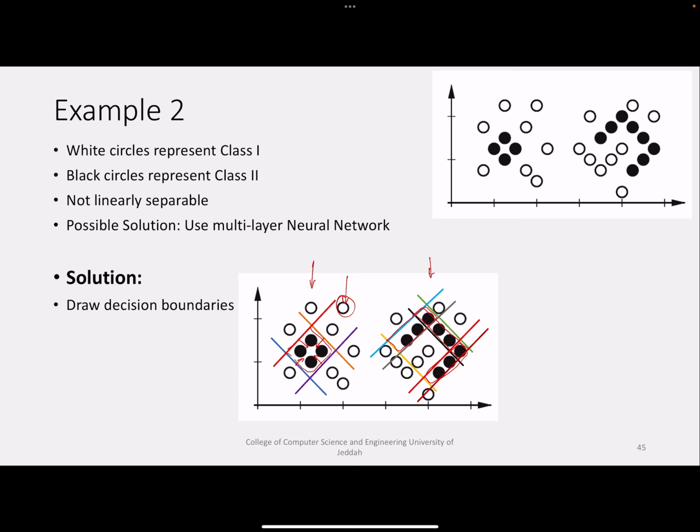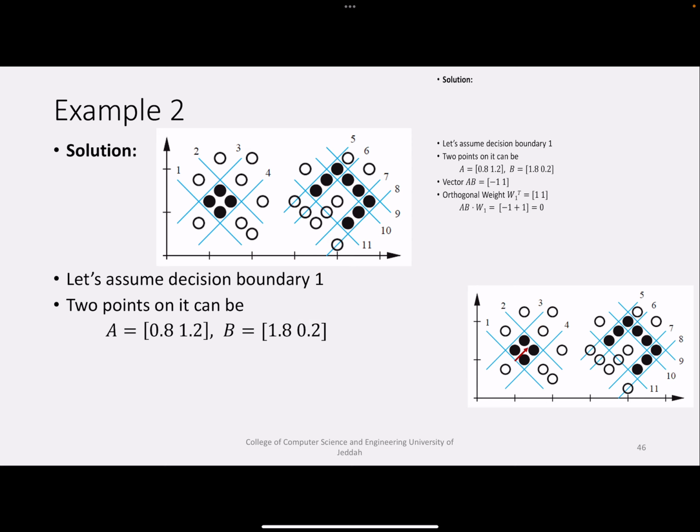I'm going to go through this example really quickly because we're performing operations we've performed many times before, but now we're just performing them more times. So I'm going to number these decision boundaries. I'm calling them 1, 2, 3, 4, 5, 6, 7, 8, 9, 10, and 11.